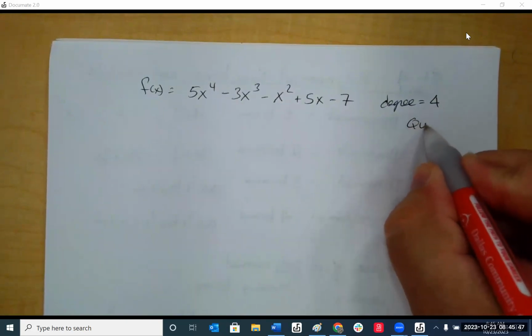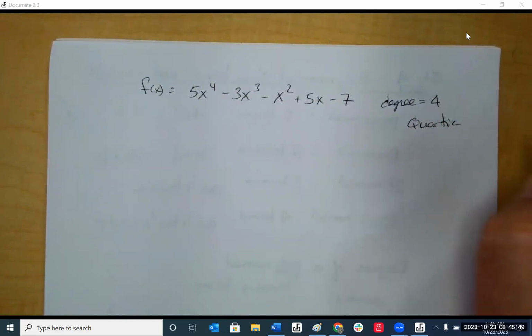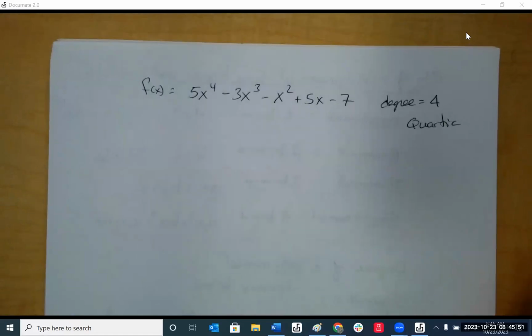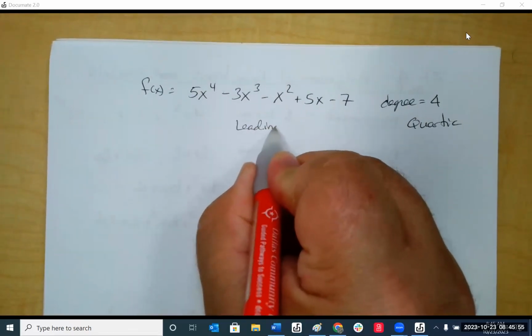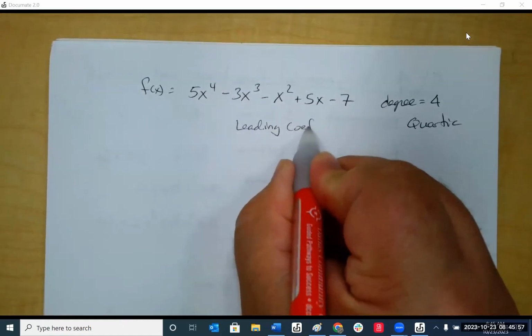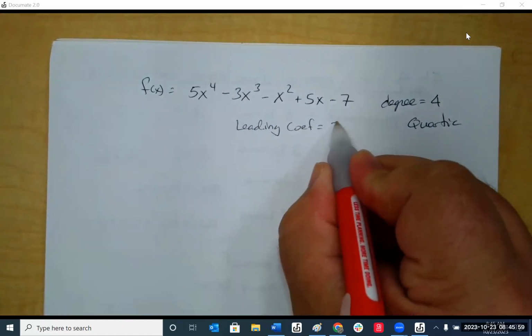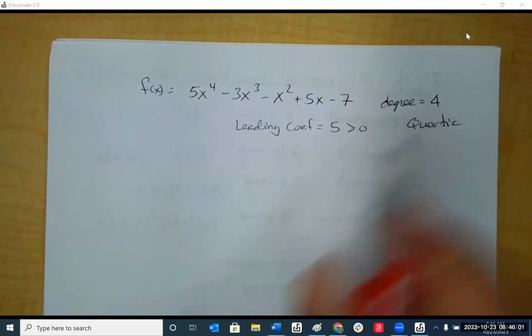We call that a quartic equation. The leading coefficient is greater than 0.